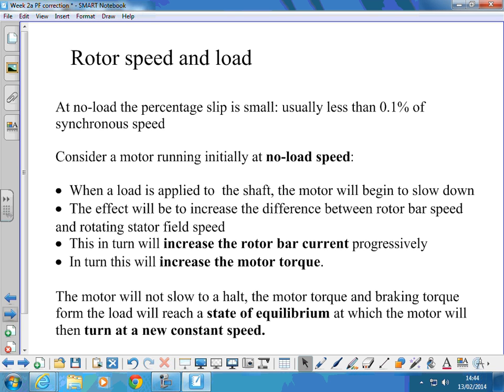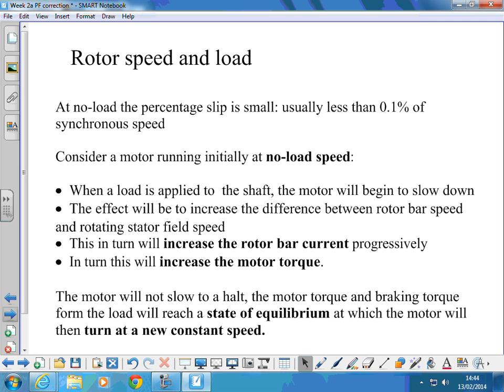If we consider a motor run initially at no load speed, when a load is applied to the shaft, the motor will begin to slow down. That slowing down will have the effect of increasing the difference between the rotor speed and the rotating magnetic field speed, which will induce a higher rotor bar current. Therefore, that will in turn have the effect of putting more force on the rotor and increasing the speed again.